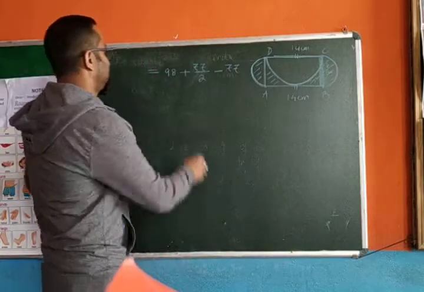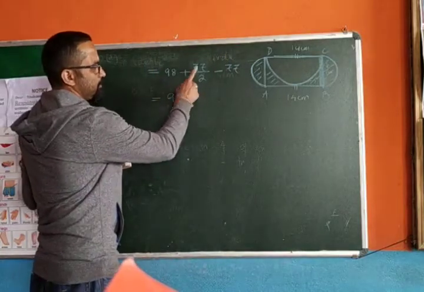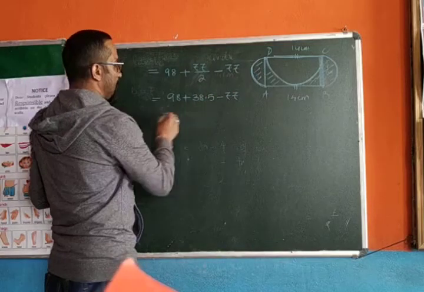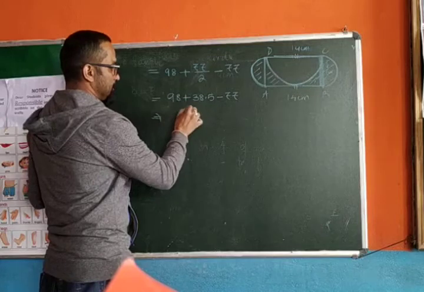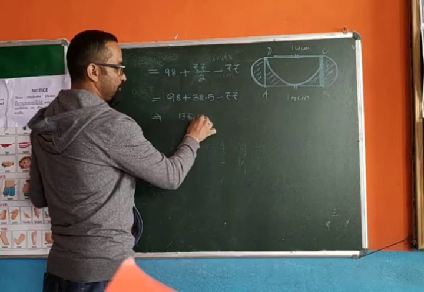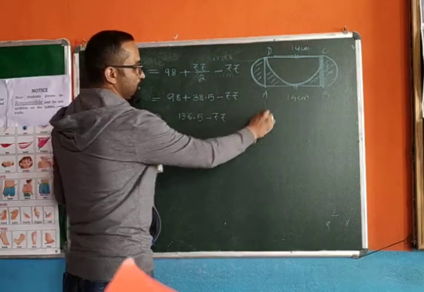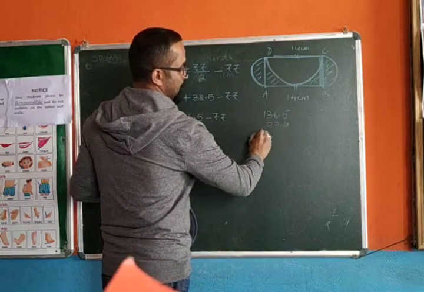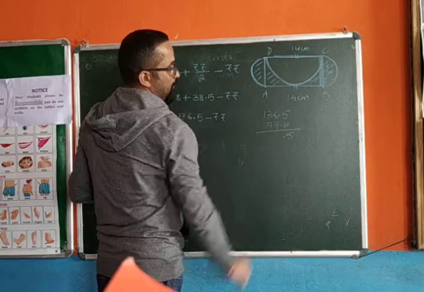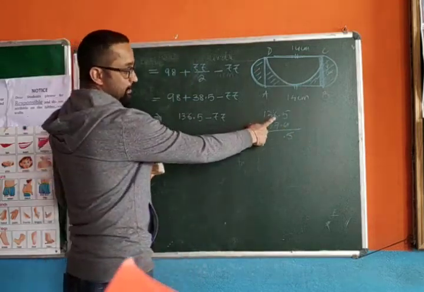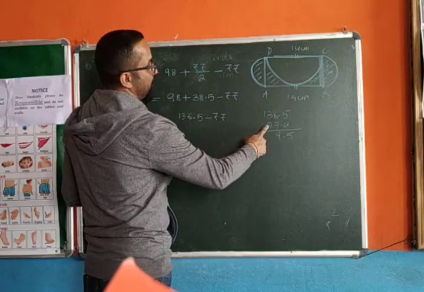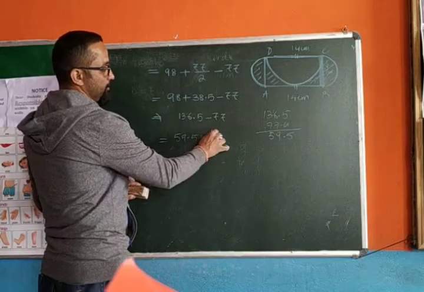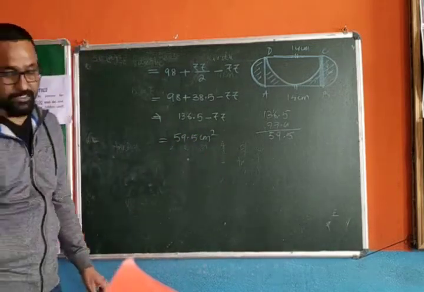After this, 98 plus, divide this, 38.5 minus 77, subtract. 98 plus 38.5 is 136.5 minus 77. 9 minus 7 is 2... 16 minus 7 is 9, 12 minus 7 is 5. You get 59.5 centimeters square. This is the area of the shaded region.